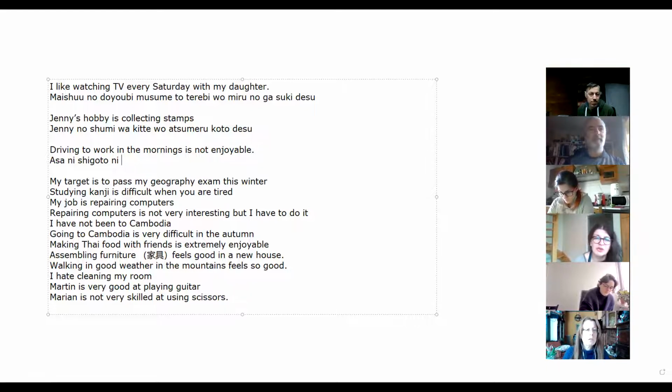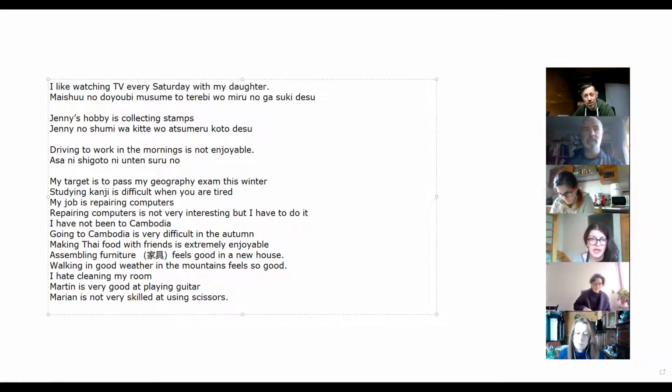Shigoto ni unten suru wa tanoshiku nai. Tanoshiku nai desu? Is not enjoyable. Or should I say I hate it or something? Not enjoyable. So tanoshiku nai desu. And was it wa or ga? Sorry, wa. Suru no wa. Tanoshiku nai desu. Very good.